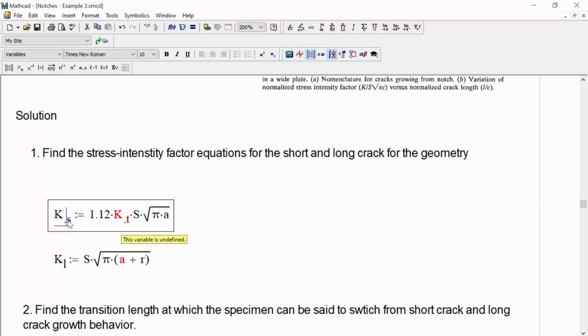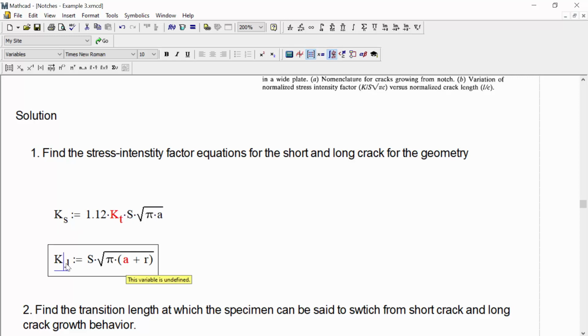This is K short, and this is K long. In the long case, you see that KT is not present. That means the crack is long enough that we're outside of the stress field and the stress concentration of the notch, so there's no KT.